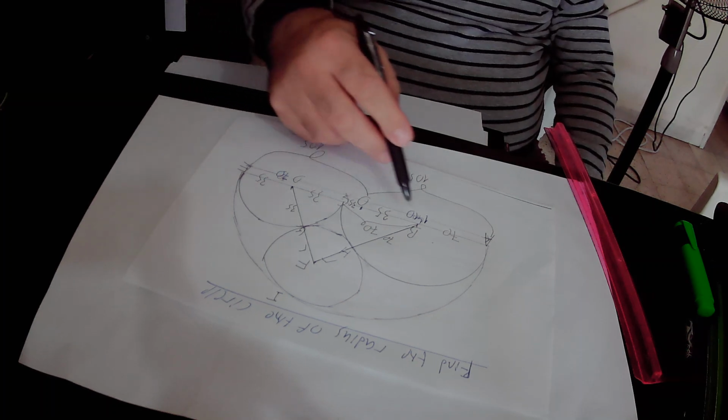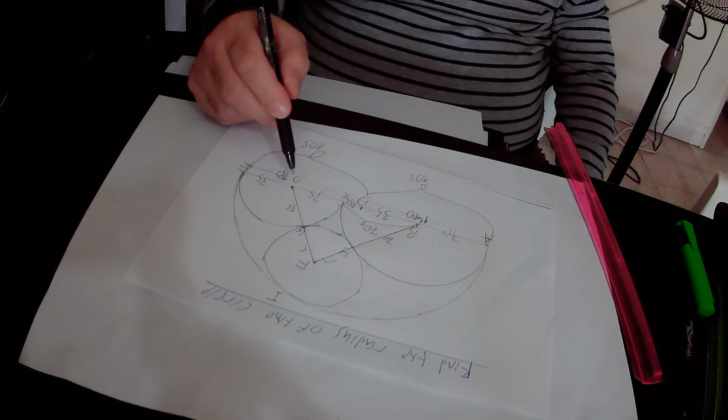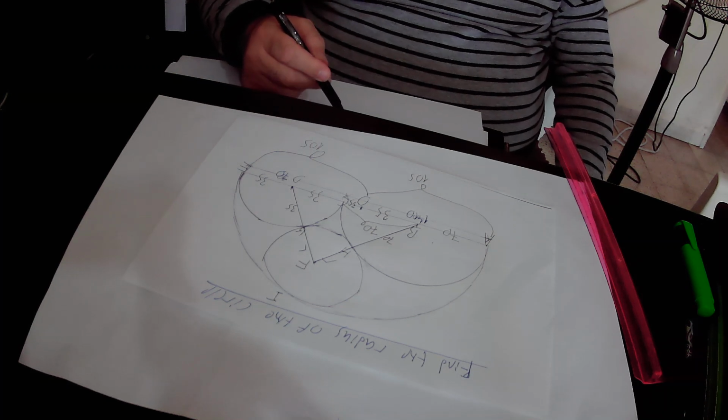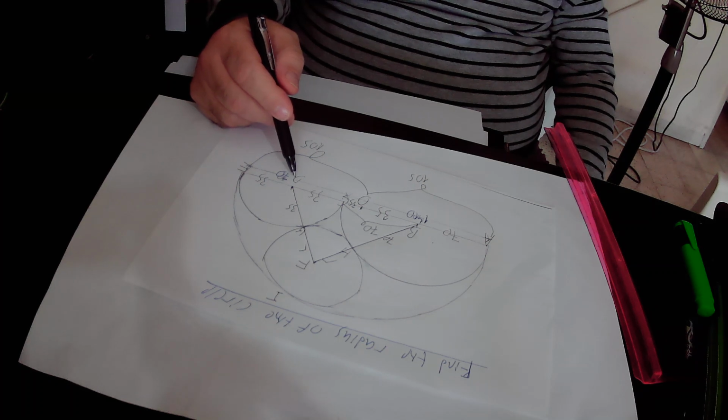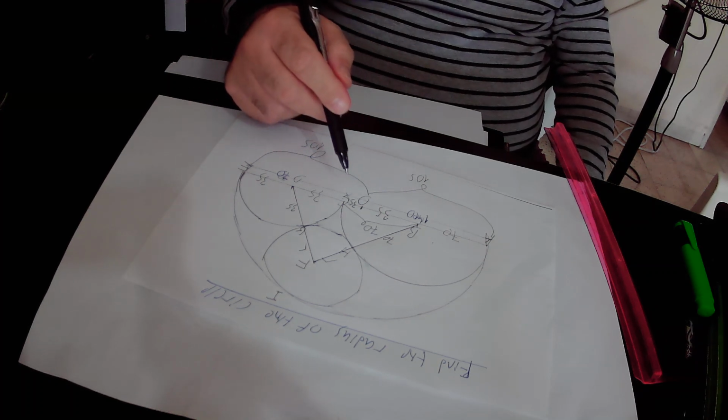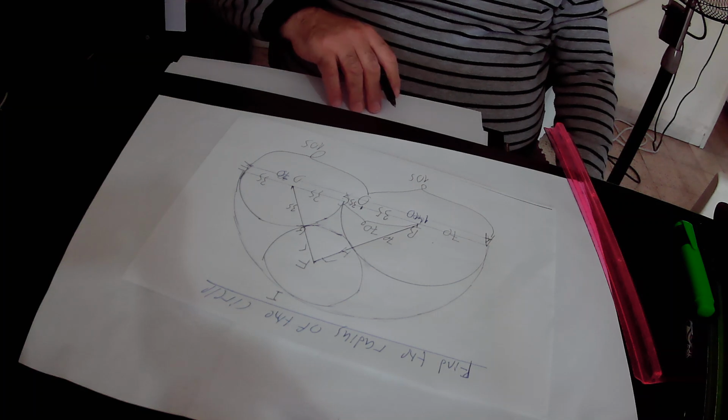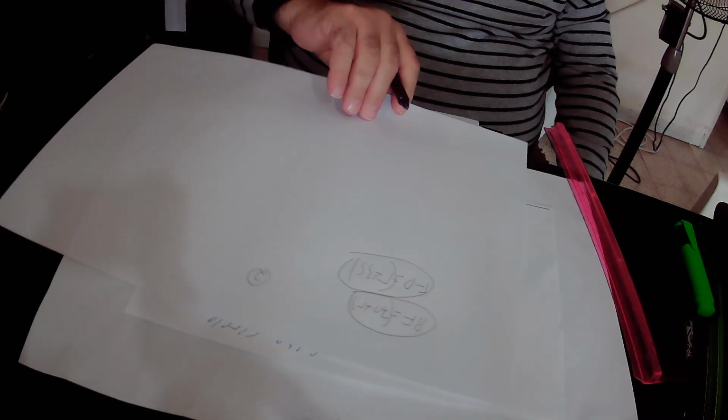BCD, and because BCD is one straight line, it means that BD will be equal to BC plus CD.